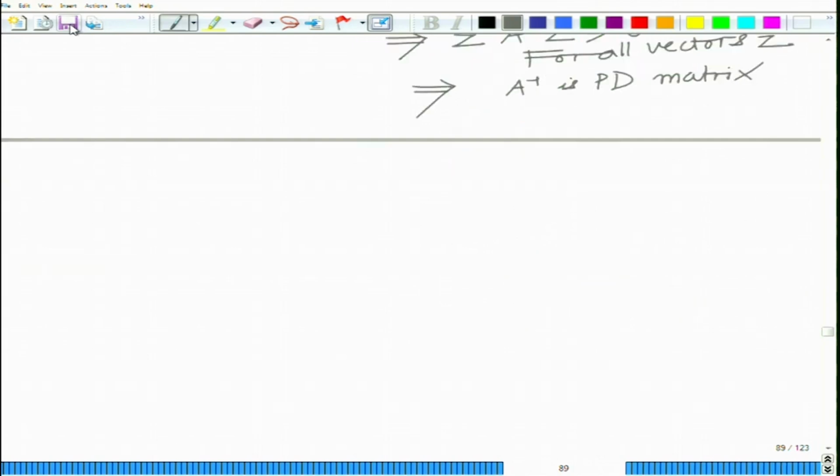So if A is a positive definite matrix, A inverse is also a positive definite matrix.